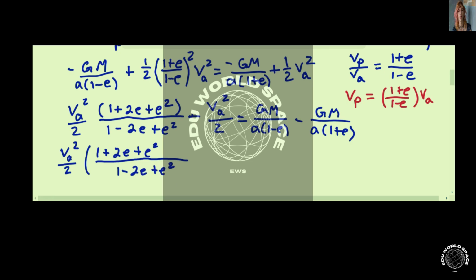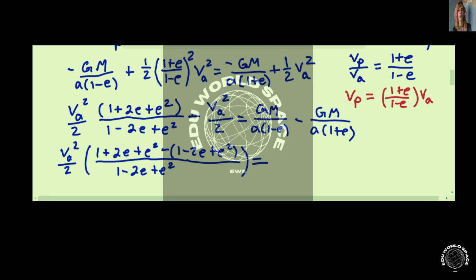And then again, just like in the previous part, this would be minus 1 after I factor out the VA squared over 2. But I'm going to turn the 1 into 1 minus 2E plus E squared over 1 minus 2E plus E squared so that I can combine those fractions.